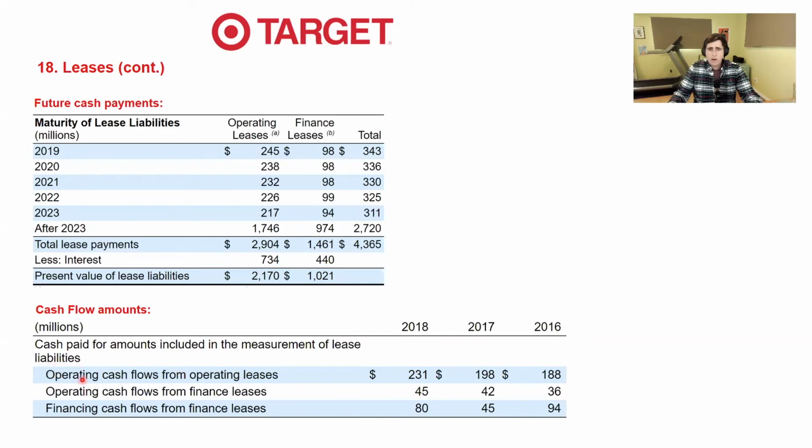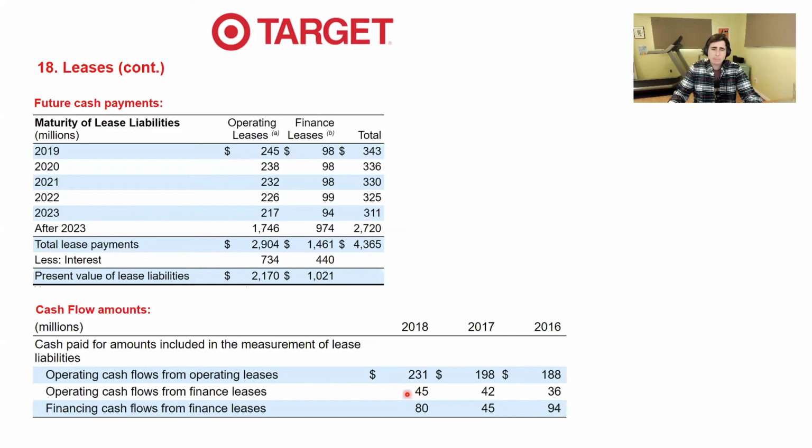So all of the cash flows are in the operating section for operating leases, okay? For finance leases, you can see it's broken out into two lines. There's some of it that goes into operating cash outflows, and some of it goes into financing cash outflows. So both of these are cash outflows, but you split up the amount of cash you're paying to these banks and real estate companies.